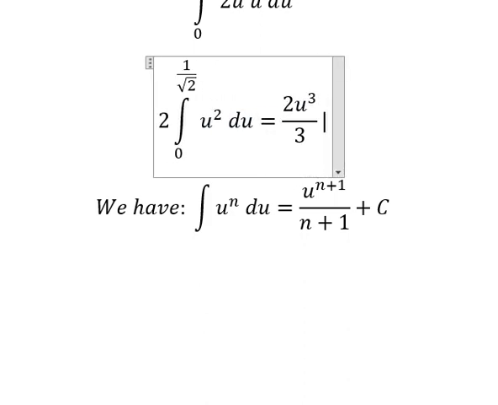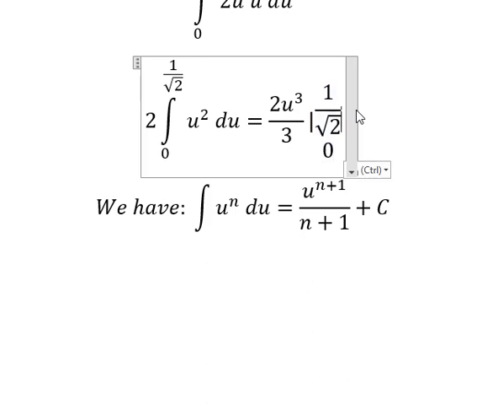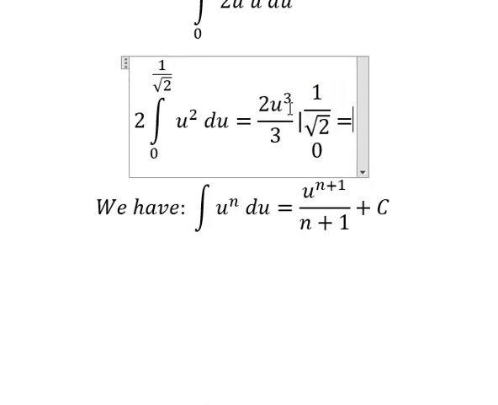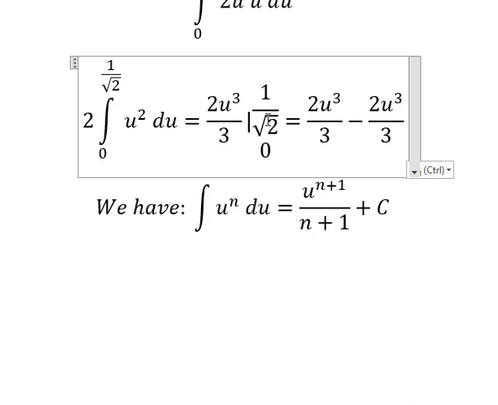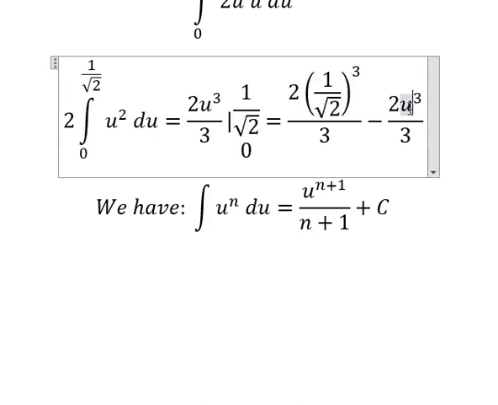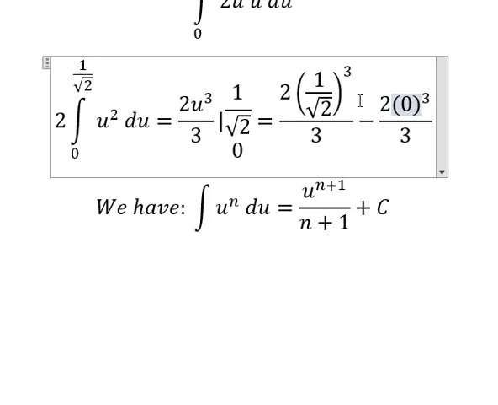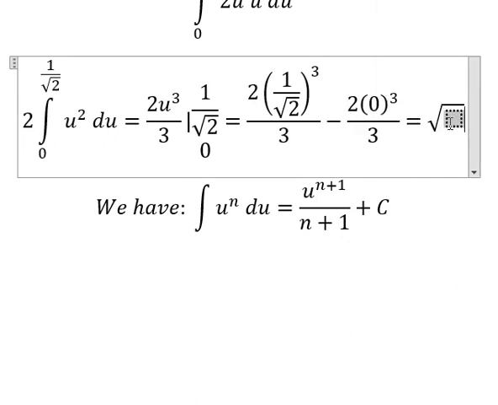And I will put the bounds from 0 to 1 over the square root of 2. And now we have the final answer. So we calculate this one and we have the square root of 2 over 6.